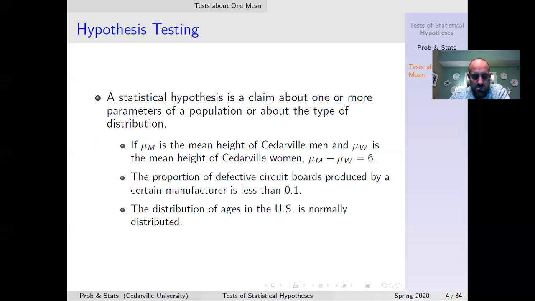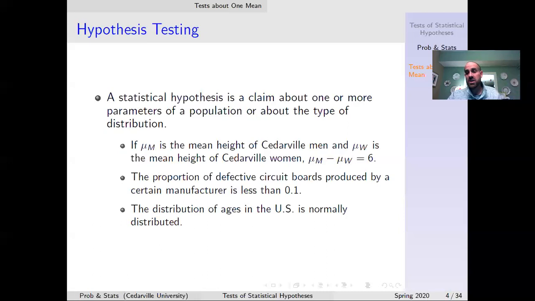So for instance, if mu sub m is the mean height of Cedarville men, and mu sub w is the mean height of Cedarville women, and we're going to say that this is maybe in inches, then maybe I think that the difference between the mean height in inches for men and the mean height in inches for women is 6 inches. It's half a foot, okay? So that is something that I believe. It's kind of like my preconceived belief.